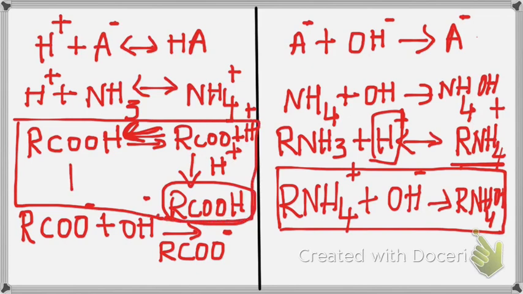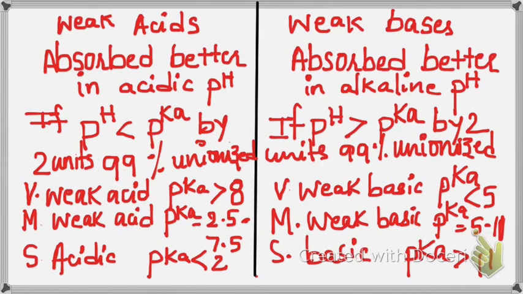So weakly acidic drugs are better absorbed in the acidic pH, whereas weakly basic drugs are better absorbed in the basic pH. In case of weakly acidic drugs, if pH is less than pKa by 2 units, 99% of the drug exists in the unionized form. When you consider the same for weakly basic drugs, here the pH should be greater than pKa by 2 units. 99% of the drug exists in the unionized form and is better absorbed.